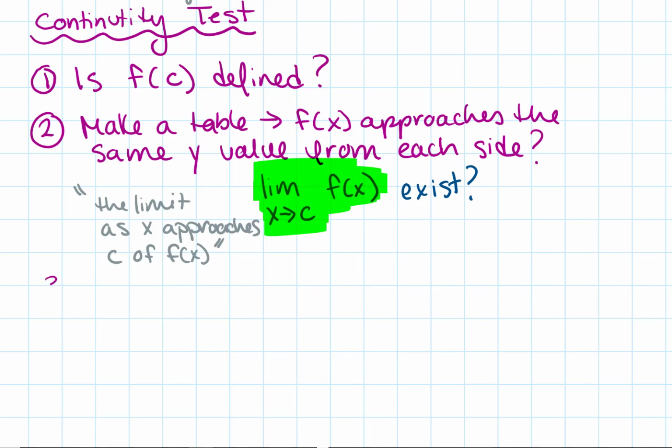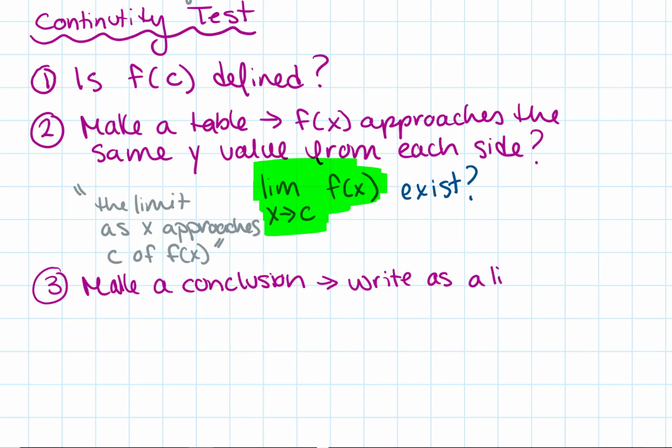Then the last thing we're going to do in our continuity test is we're going to make a conclusion. So we're going to write as a limit, if that's possible.